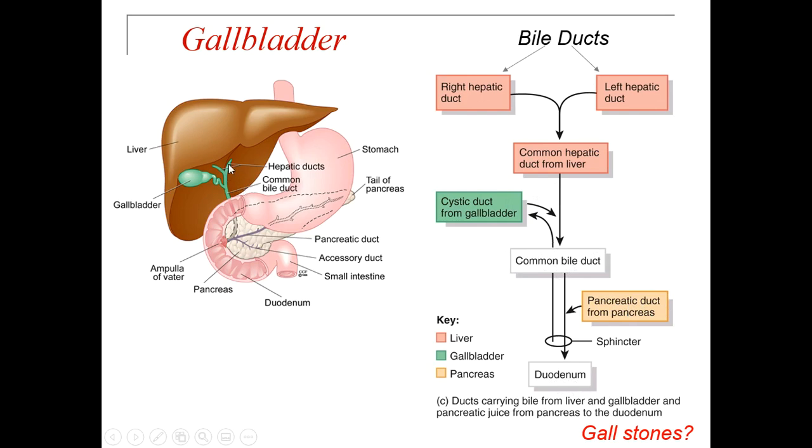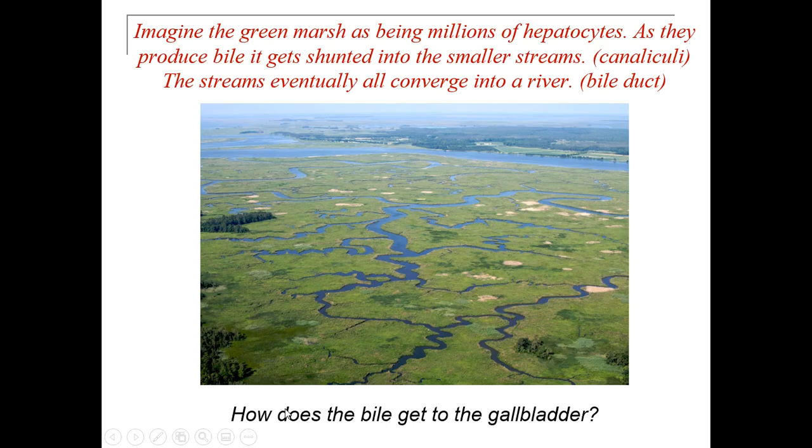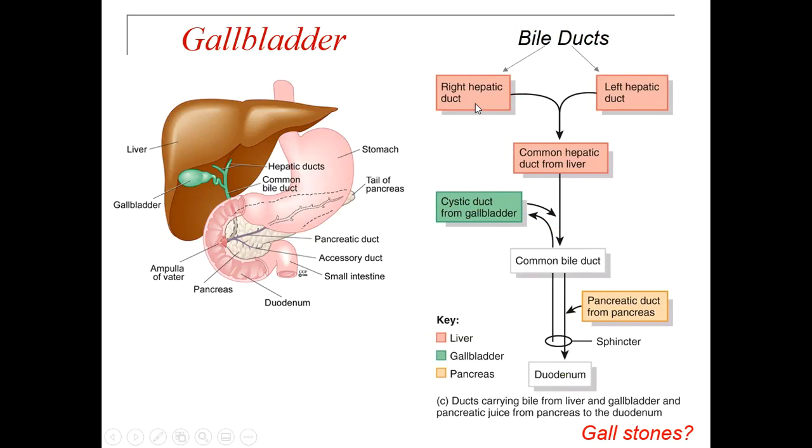These bile ducts are all going to eventually combine and give rise to the right and left hepatic ducts. The hepatic ducts then feed into the common hepatic duct. And from there, that's where you have the ultimate secretion into the duodenum.